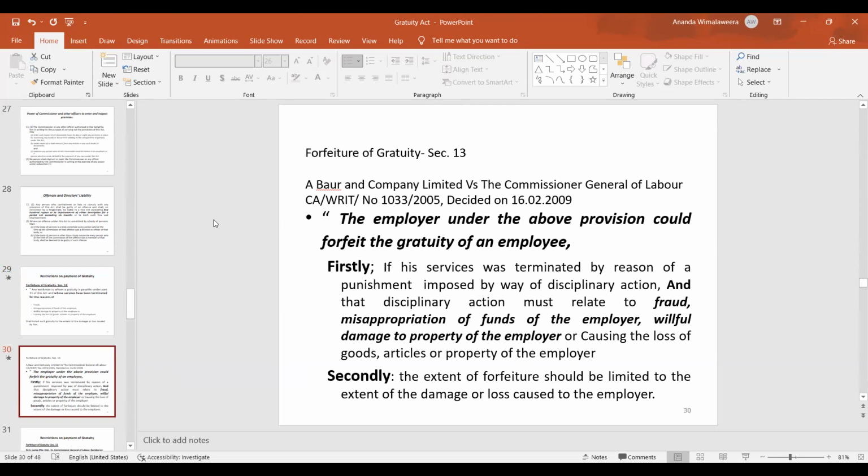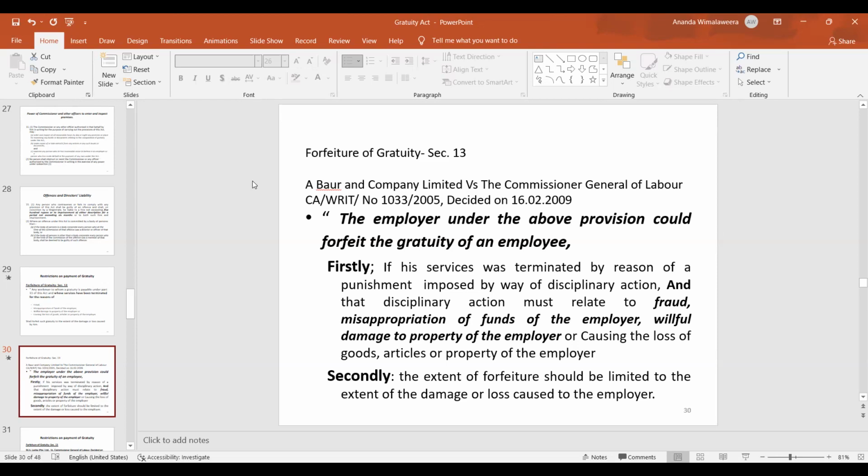Right. Next para. There is a court decision, a decided case, in this regard as well. That is A. Bauer and Company, B-A-U-E-R. Bauer Company, you must have heard of it.